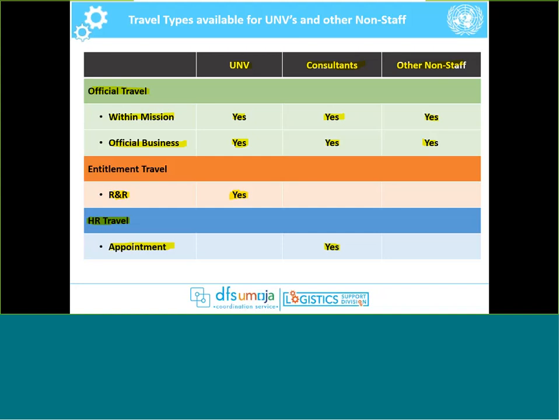International staff have been using Umoja since cluster 4, since 2016, and they can raise their own travel request. So international staff can raise their own R&R travel request and also their own official business travel request using Umoja and using the employee self-service. So here we are mainly focusing on the new traveler categories.